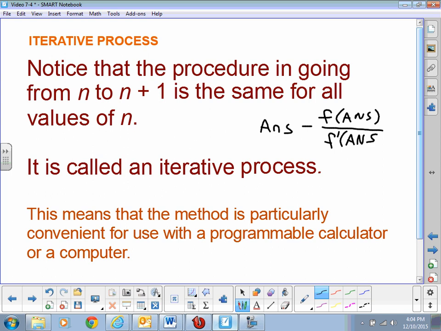And the calculator will automatically sub in our previous x1, x2, x3, and so forth right in for answer, and it'll easily find each of our successive approximations for our root. So that is where we will take this next class period.